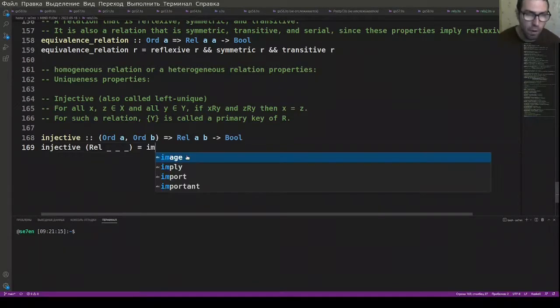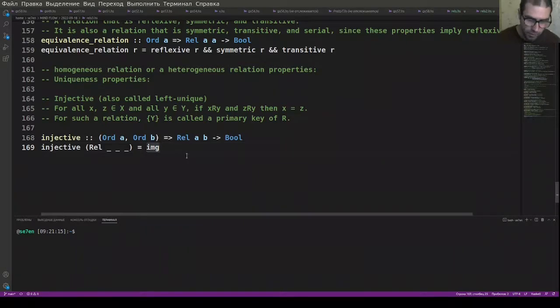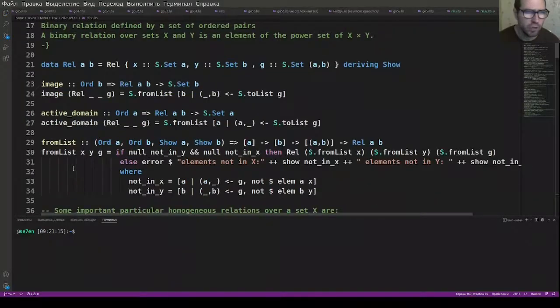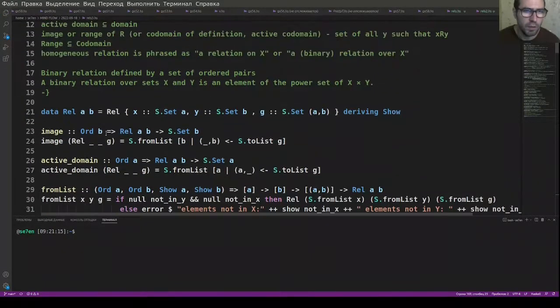So we have our image, and we take every element of this image. Actually I can't use a comprehension here, because our image is represented as a set, I think. So we have the image function. Yes, we have this image function.